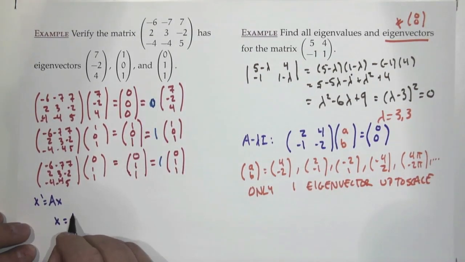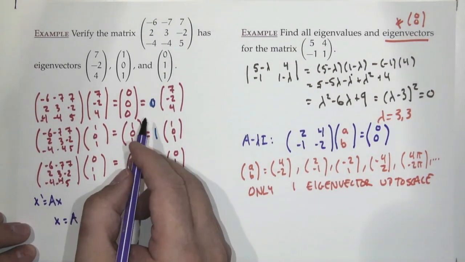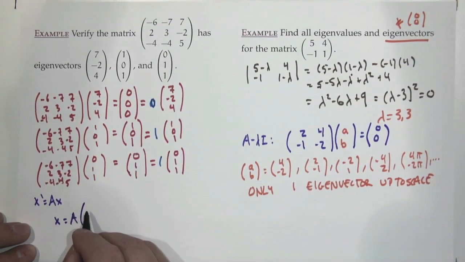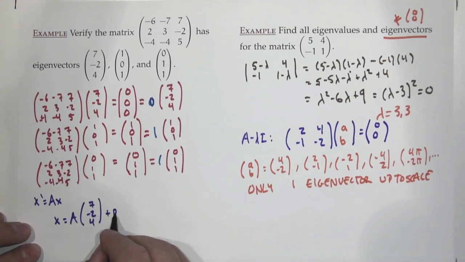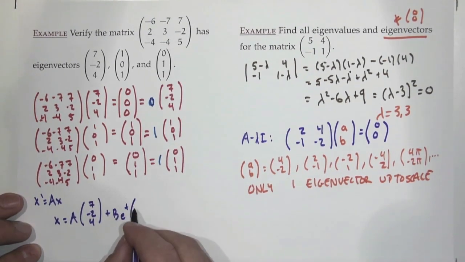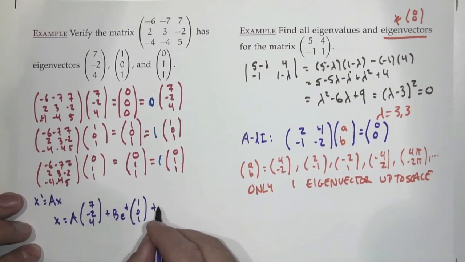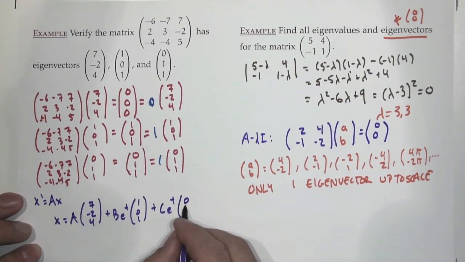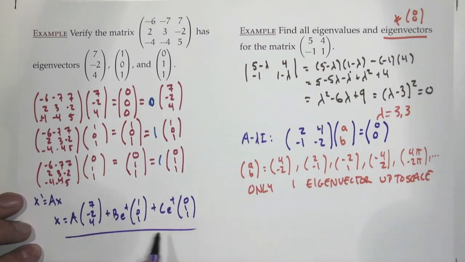It'd be a e to the 0t, which is just 1, times 7, minus 2, 4, plus b e to the t times 1, 0, 1, plus c e to the t times 0, 1, 1. So repeated eigenvalues are okay if we have enough eigenvectors.